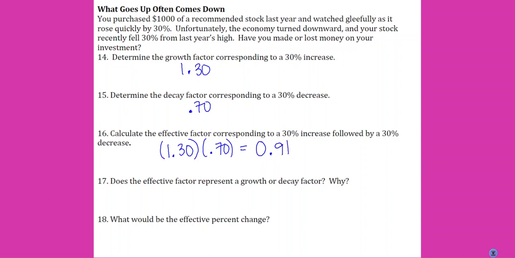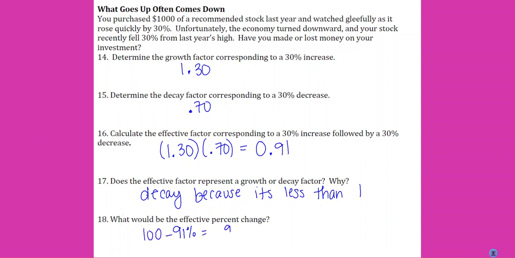So is this a growth or a decay? It's a decay because it's less than 1, so it's less than 100%. What would be the effective percentage change? 0.91 would be 91%.